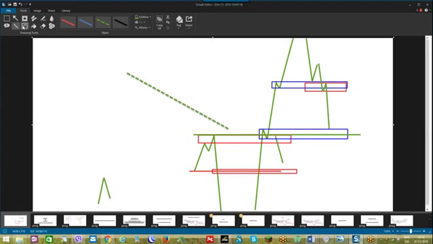Let's say you're just following local price, and what you've got is an upper flag limit from over here, and then it gets broken up.